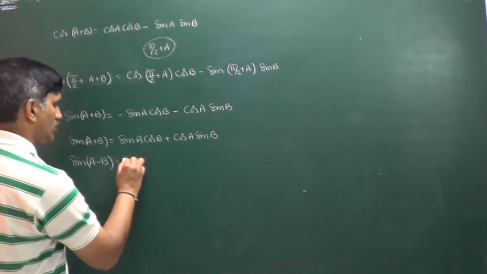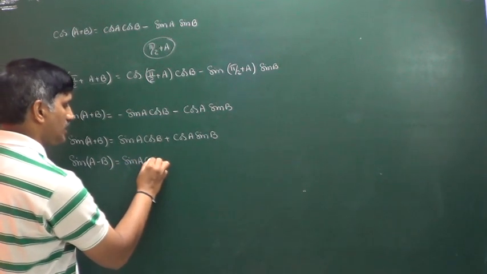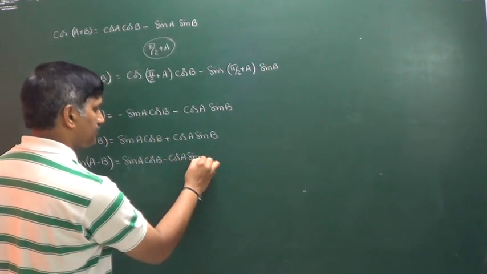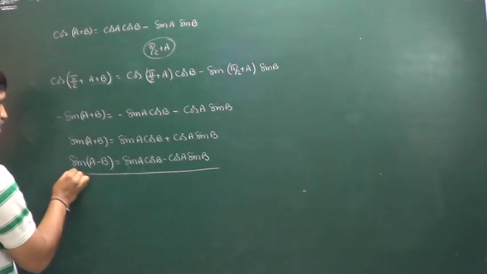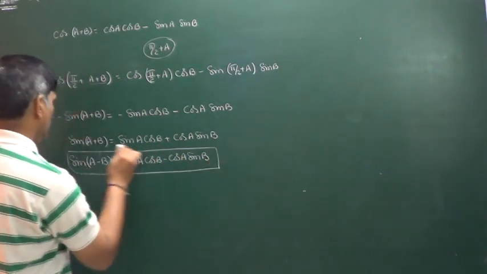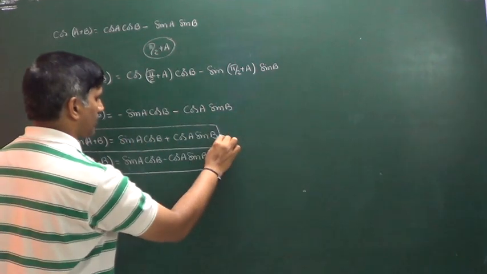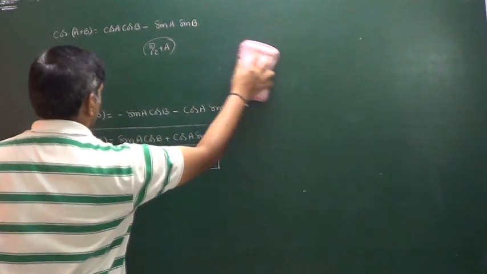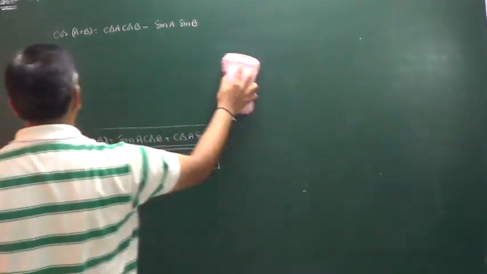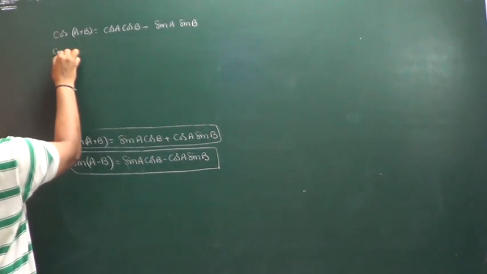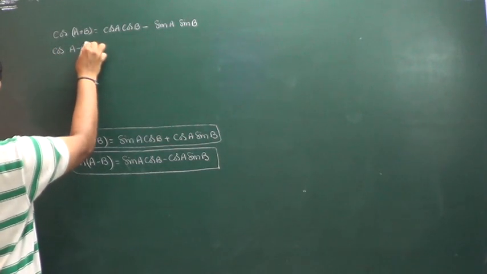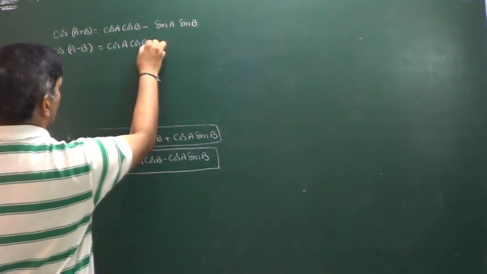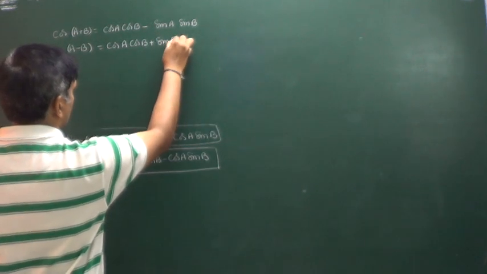That's why you will get sin of A minus B formula as sin A cos B minus cos A sin B. So that is the formula for sin of A minus B, and this is the formula for sin of A plus B. Just now we got the formulas for sin A plus B and sin A minus B, and we already derived cos A plus B formula. After that we discussed cos A minus B formula also: cos A cos B plus sin A sin B.